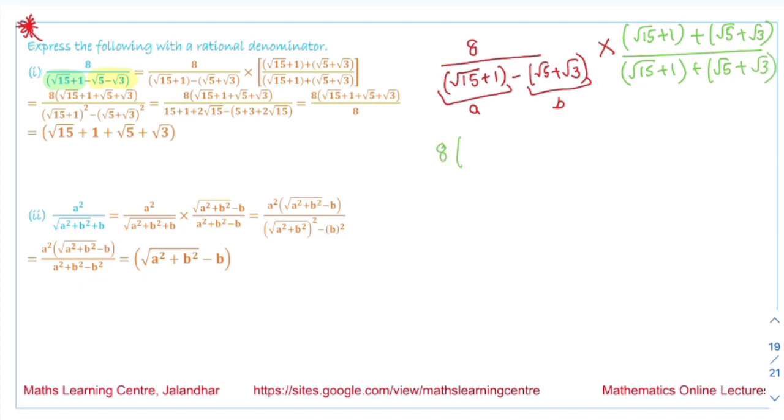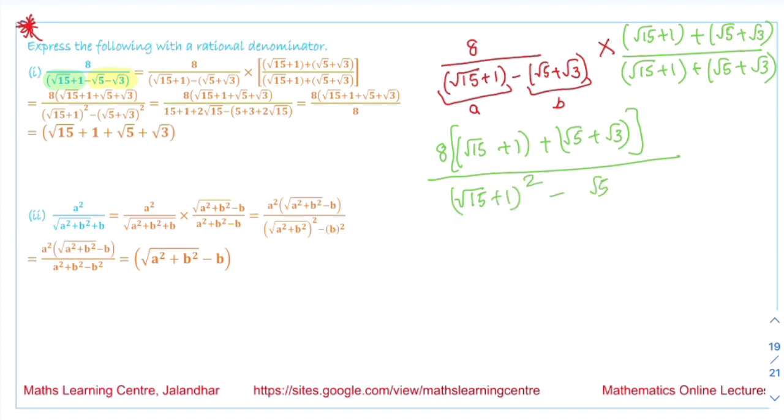So the numerator is 8 into square root of 15 plus 1 plus square root of 5 plus square root of 3, and the denominator is now square root of 15 plus 1 square minus square root of 5 plus square root of 3 square. When you solve these values, it is 15 plus 1 plus 2 root 15. It is a square plus b square plus 2ab minus a square plus b square plus 2ab.